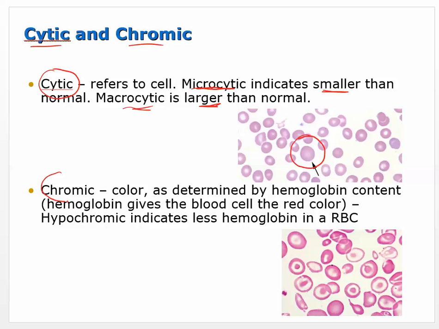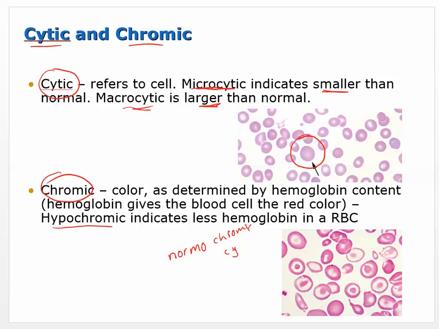Chromic refers to color. So red blood cells are red because hemoglobin is red, and it's a little more red when it has the oxygen bound. So color is determined by hemoglobin content. So we would say that it's hypochromic, which means that there's less hemoglobin, or we could say normochromic or normocytic when it's normal.